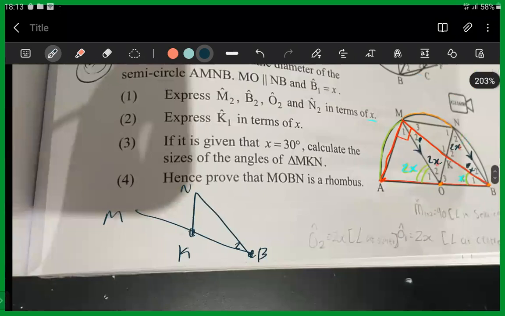We have K1 here, and we have N2 over there. But the key thing is that this one we have proven to be 2x, and this one we've proven to be x. What do you note about this angle here based on the image that I've shown you?